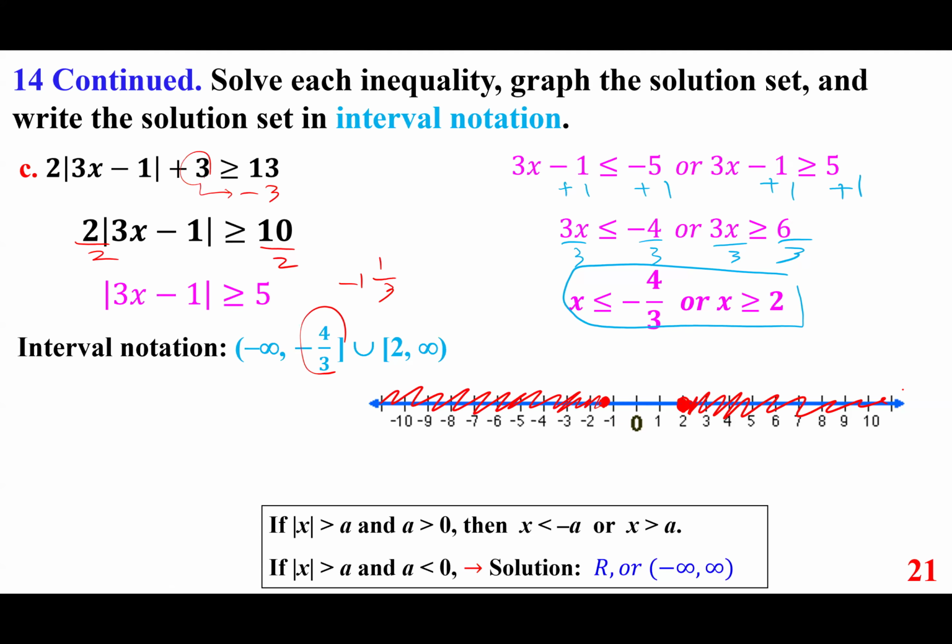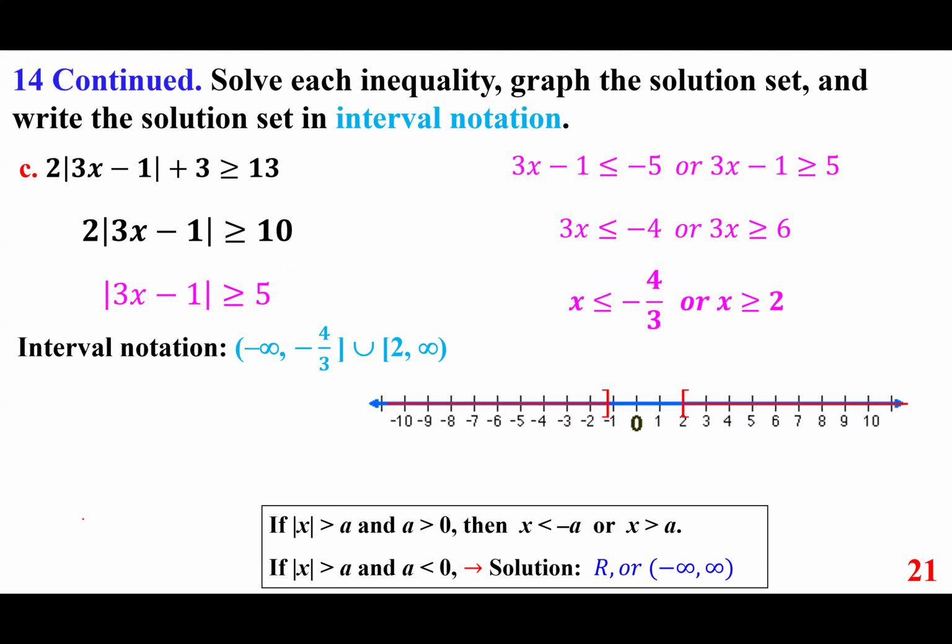This is one way to do it. Or we do it with brackets in the following manner. Let me erase my work so you can see that. Or you can go with a bracket and shaded to the left of negative 4/3 and a bracket shaded to the right of number 2.